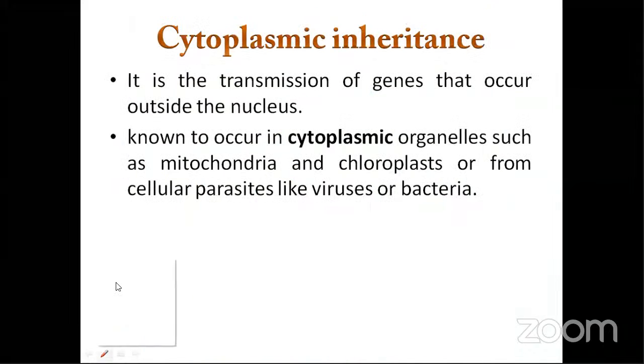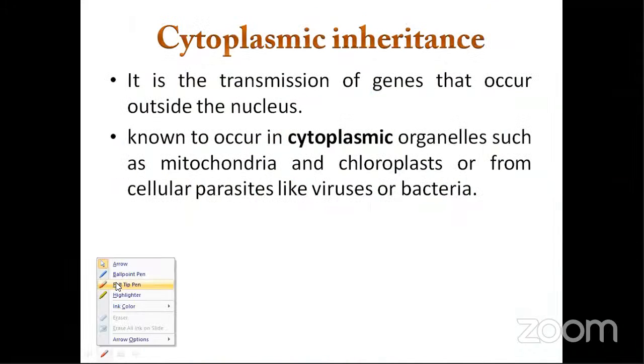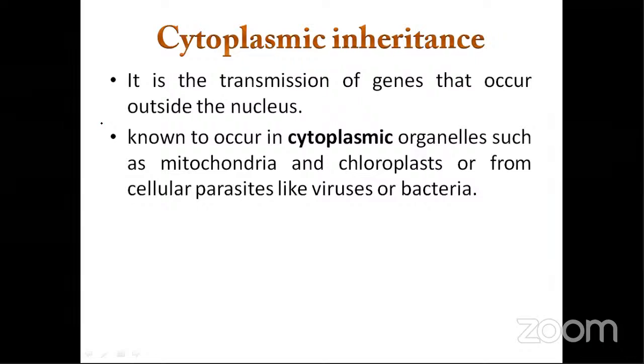So what is cytoplasmic inheritance? As we all know, till now we have studied that whatever things are inherited from one generation to other, that is because of nuclear genes. Okay, but whenever you see there is no role of the nuclear gene, in that case we may tell that there is the effect of cytoplasmic inheritance.